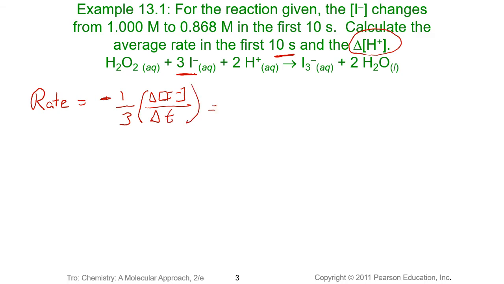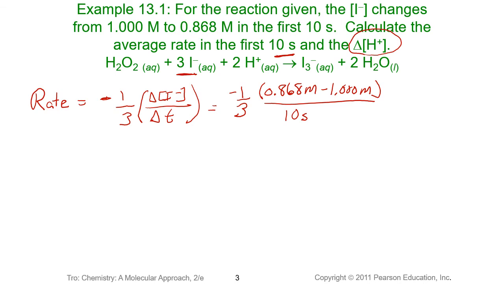So we are given that change in concentration. We want to do change is final minus initial. So our final concentration is 0.868 molar minus 1 molar divided by our change in time, which is 10 seconds.